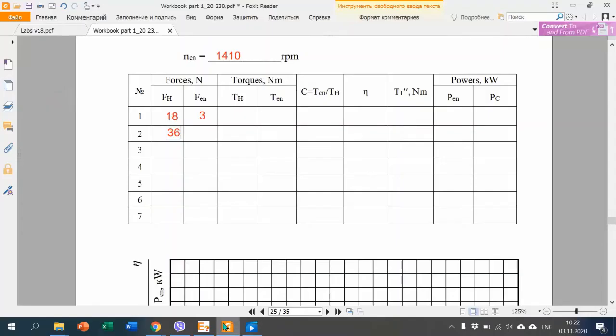So this result is approximately 3.8. You see that it is not stable, so that's why we should take a rounded value. So 3.8.